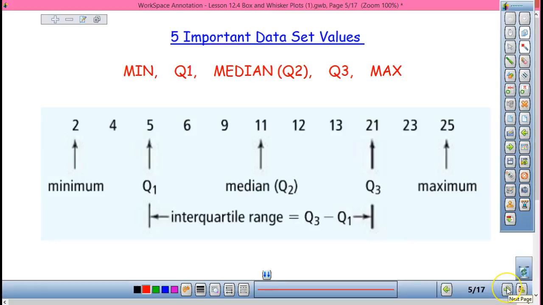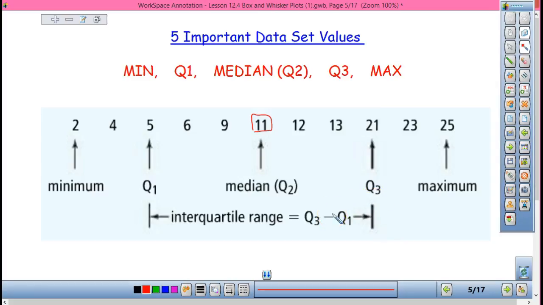So, okay, this is just kind of a vocabulary page. Okay, they figured out that the median was 11. Okay, and then they took the first half of the data. Okay, and what's the median of my first half? 5. So that's my quartile 1. The median of my second half is 21. So that's my quartile 3.